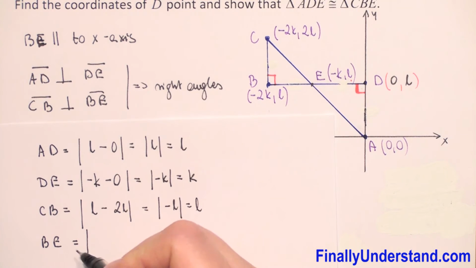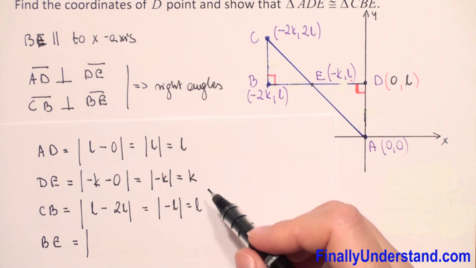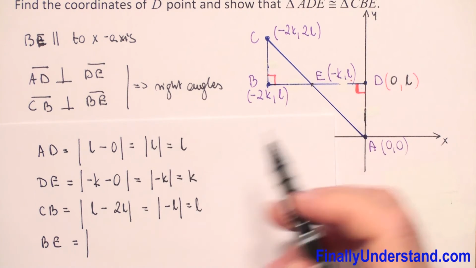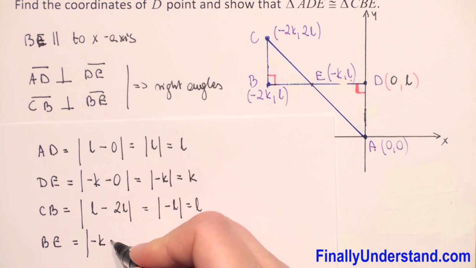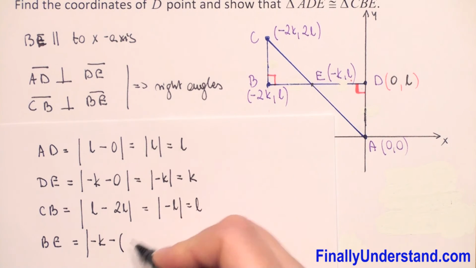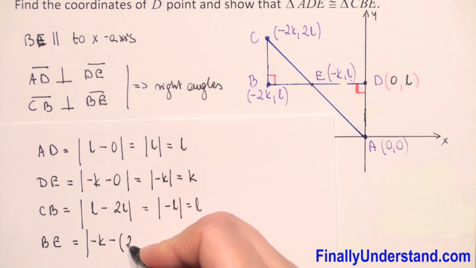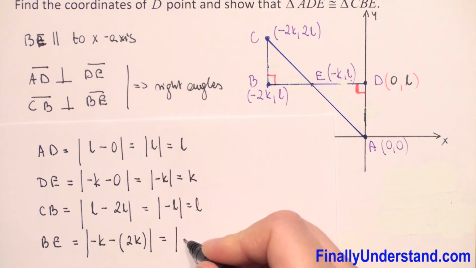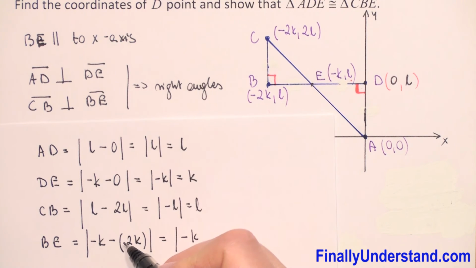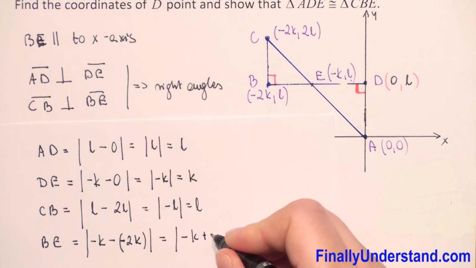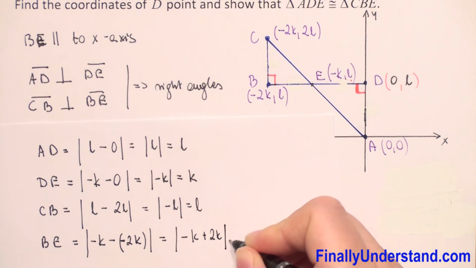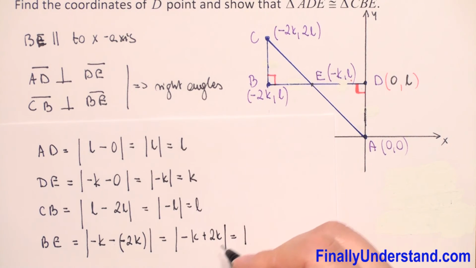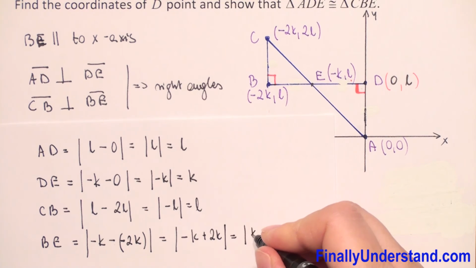So E is the last. So we have negative k minus negative 2k. So we have absolute value of negative k, of course negative 2k. I forgot about negative. So negative and negative give me positive. So we have absolute value of negative k plus 2k is k.